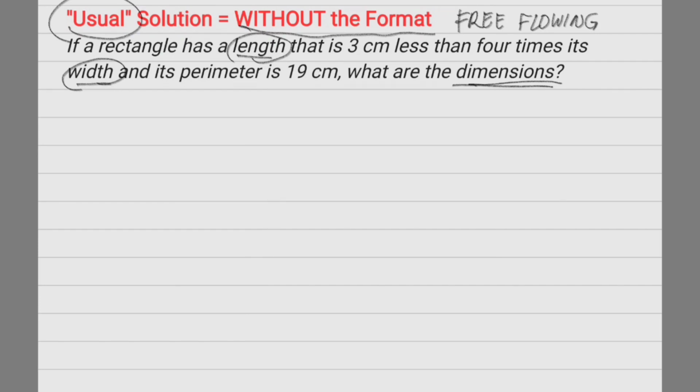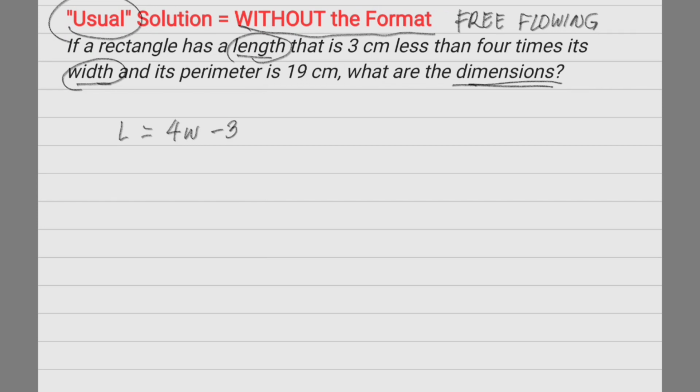If your mind works so fast that you already know how to come up with an algebraic equation to represent the factors or some of the unknowns here, you will find that L, or the length, will be equal to 4W minus 3.